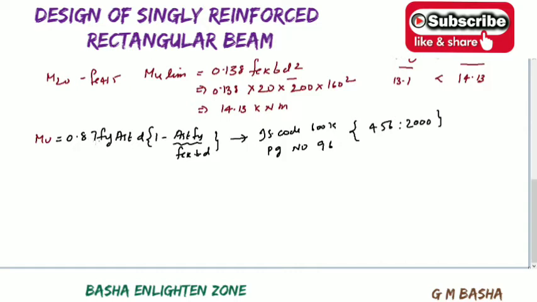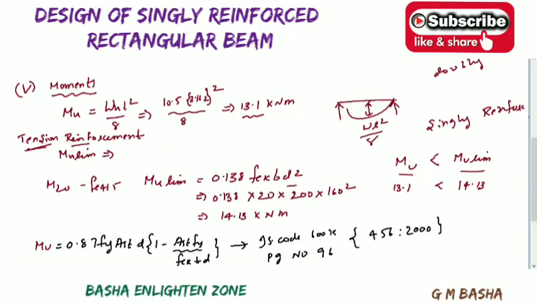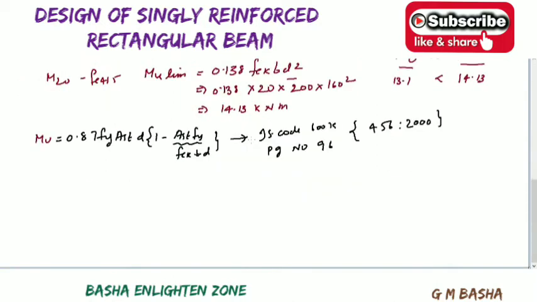So we already know what this Mu value is, which we simplified here, that is 13.1 kilonewton meter. So I am taking 13.1 into 10 to the power of 6.